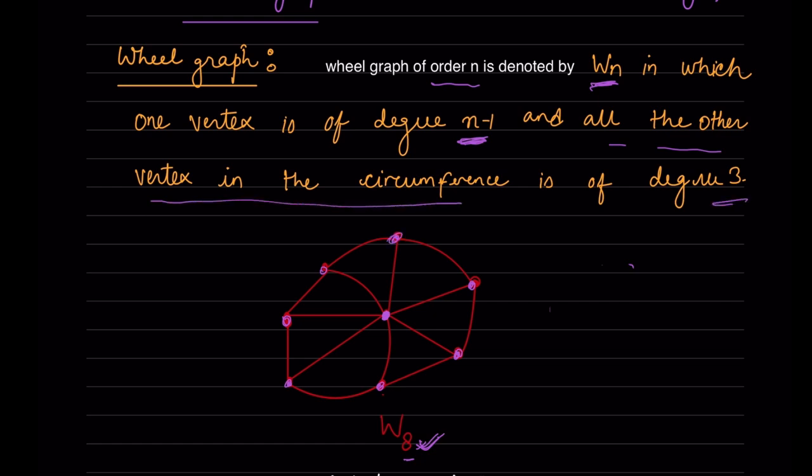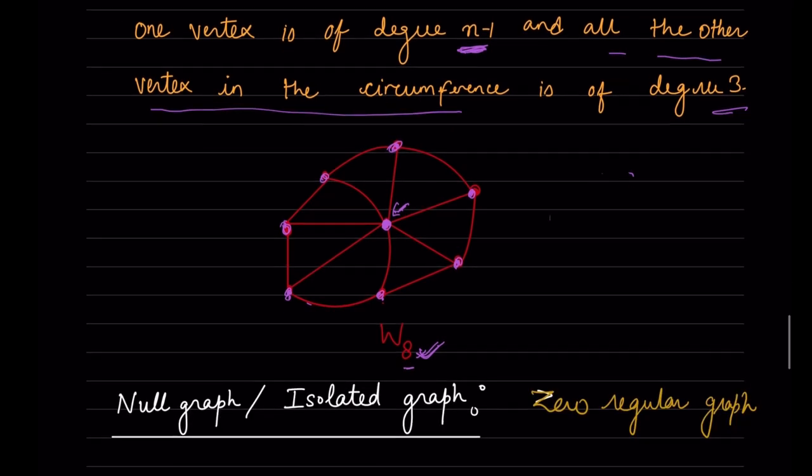All the vertices on the circumference have degree 3, and one vertex comes in the center, which is of degree n minus 1 if we have n vertices. Here we have 8 vertices, so the degree of this vertex is 7, and all the vertices that lie on the circumference have degree 3. So this was the wheel graph.